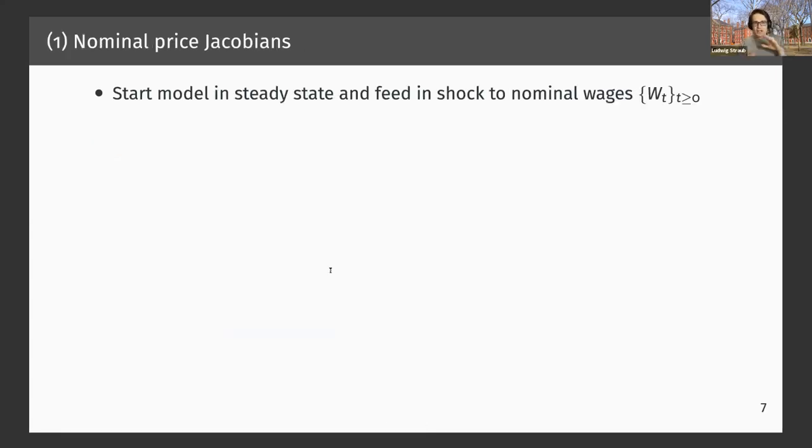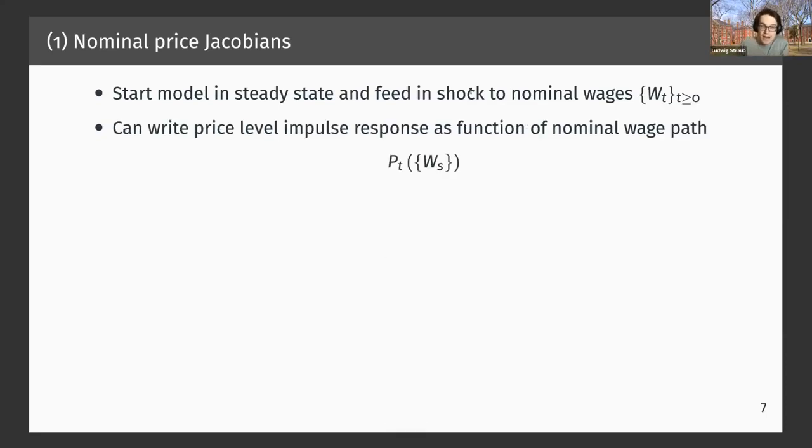Okay, so we're going to start the model in the steady state. We're going to feed in a shock to nominal wages, so some arbitrary path to nominal wages. Based on what I told you already, at the end of the day, given any path for nominal wages, you can back out, by solving the menu cost model, what the implied path of prices is, right? That's sort of the outcome of this model.